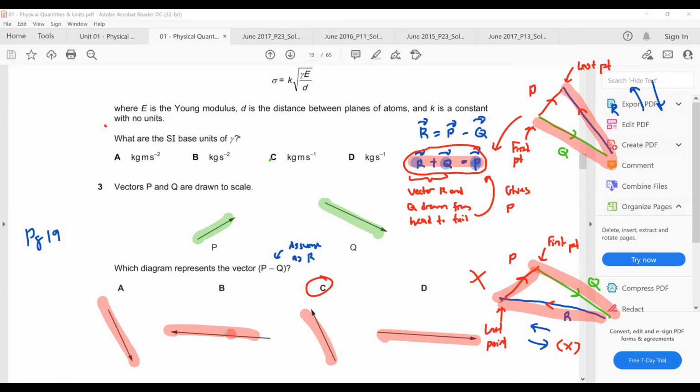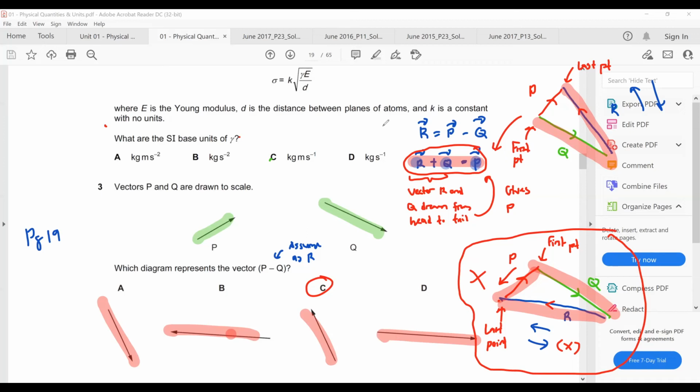Because you see, there are two different answer choices, right? If I use this first one here right now, although I can estimate it as being drawn from head to tail, something doesn't seem right about this direction here, because this one being my first point and this one being my last point, by right, the P should be pointing here, but it's pointing the opposite.